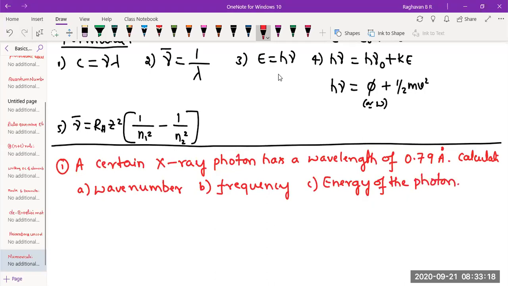So there are three sub-questions in this problem. What has been given is only the wavelength. The wavelength is 0.79 Armstrong. We need to solve this now.